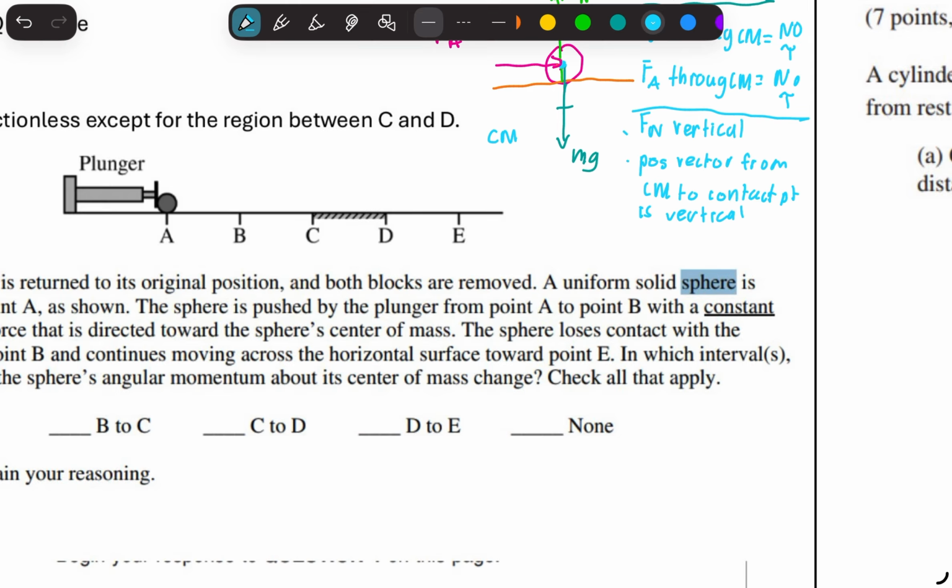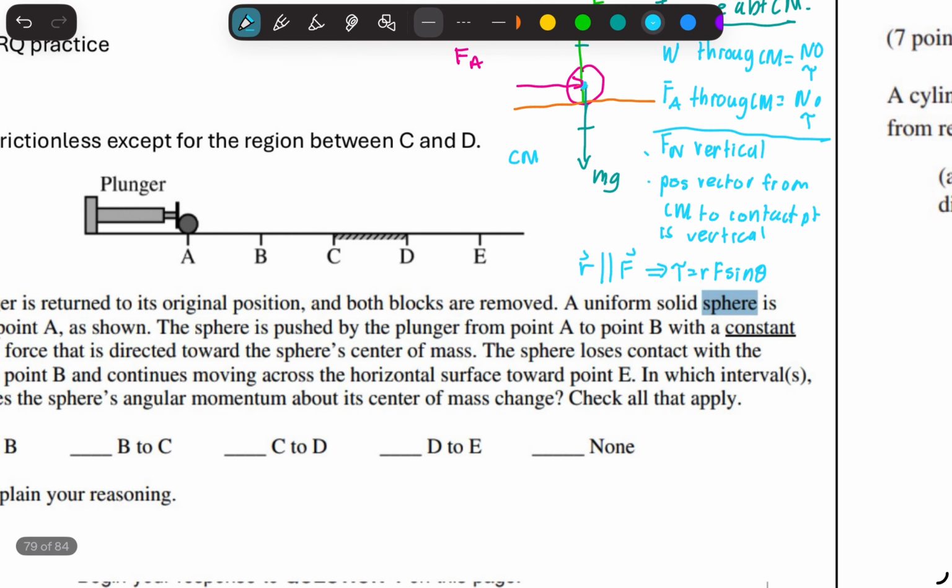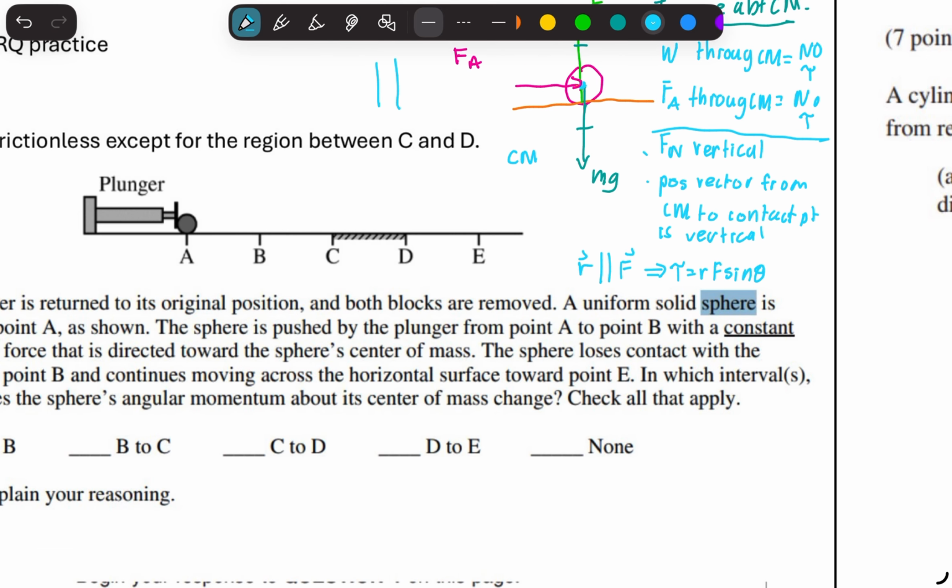That means we can represent that as our lever arm R being parallel to our force. And that means that our torque is going to equal RF sine of theta. When two vectors are parallel to each other, that means that they're directly on top of each other, basically. Or you can write that as just one line, right? And then that's going to be 180 degrees.